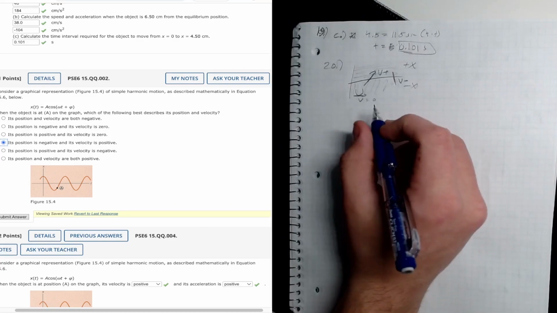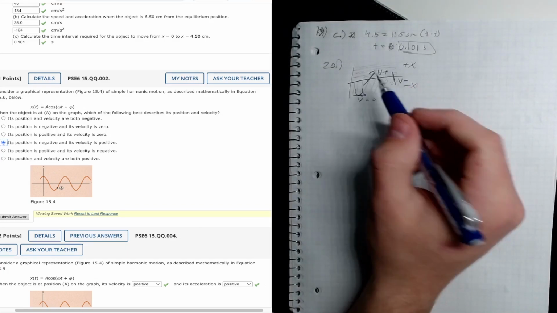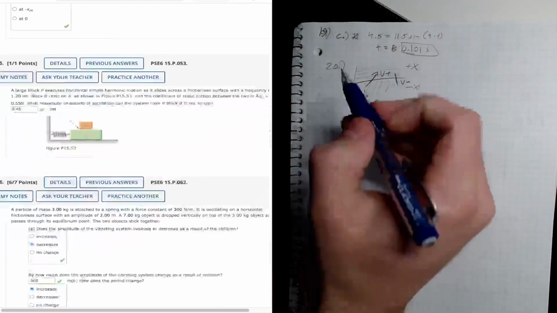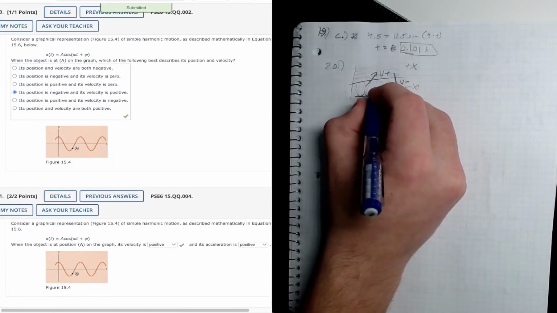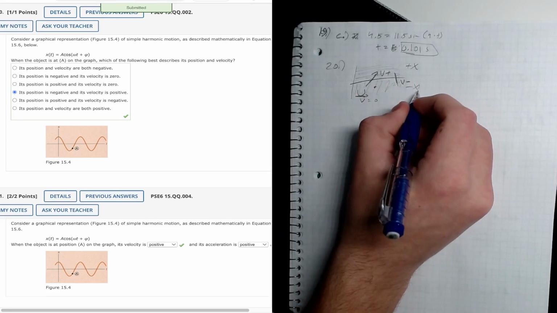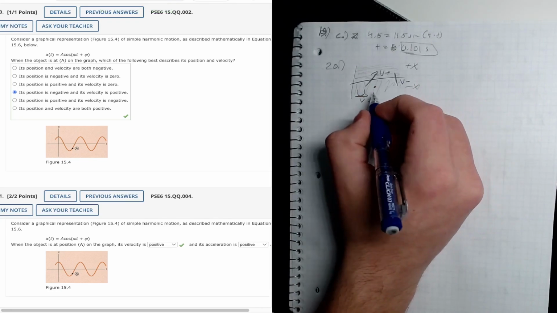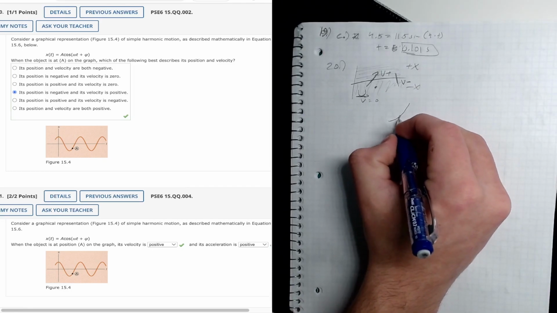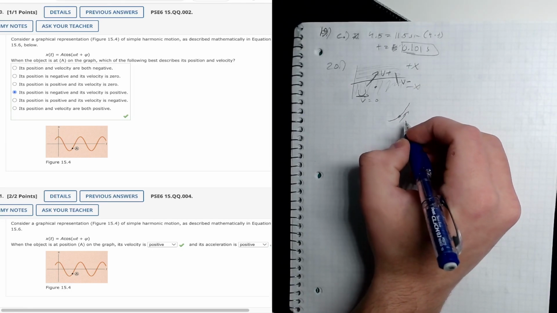That is how that works right there, because it's essentially the slope, the rate of change of both. So in this case, at that point down here, since it's in the negative region, the position has to be negative, but the velocity is positive, since the slope of this curve right here is positive, like that.